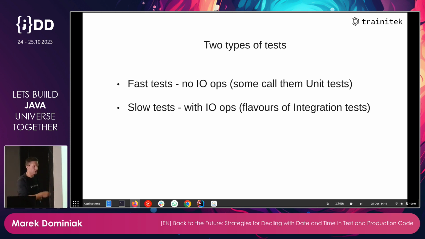We don't touch I/O, no disk, no sockets, nothing. Some call them unit tests. And we have slow tests where we touch I/O. In this case, it will be some flavors of integration tests. Spring, okay? Spring as well kind of gives us some, maybe not immediate I/O, but let's call them that as well. So we have this differentiation. Now, we will be talking about fast tests.